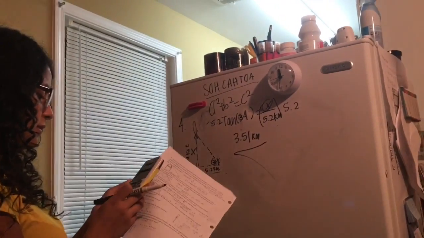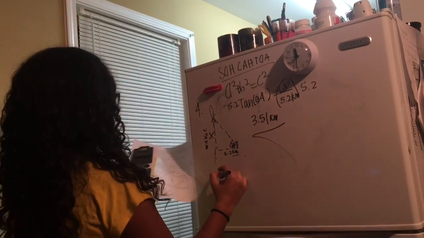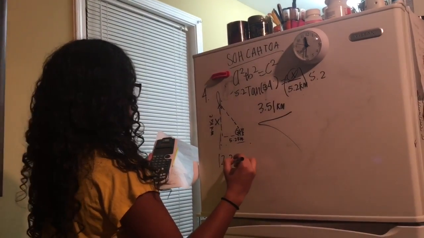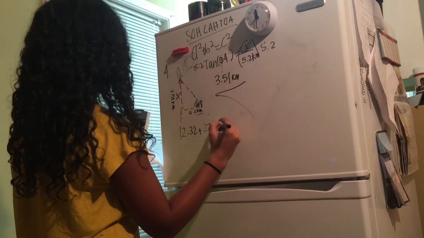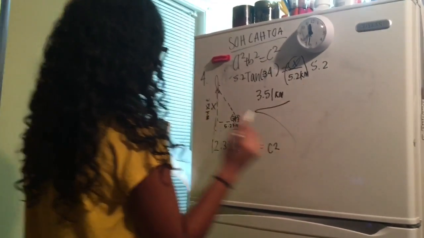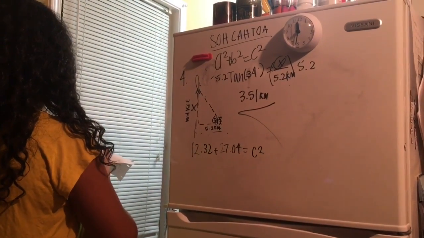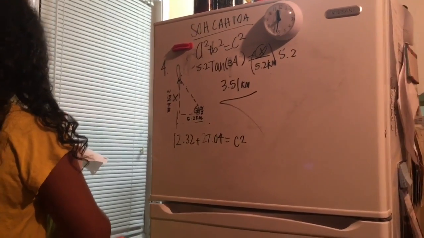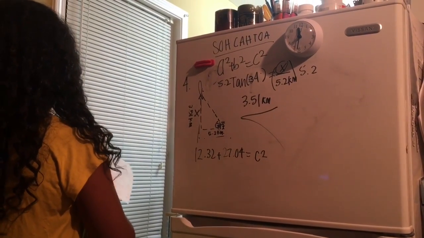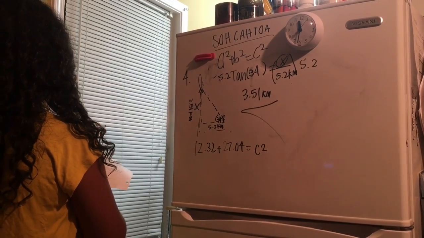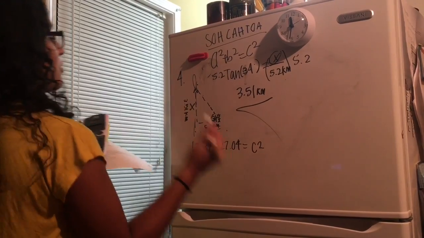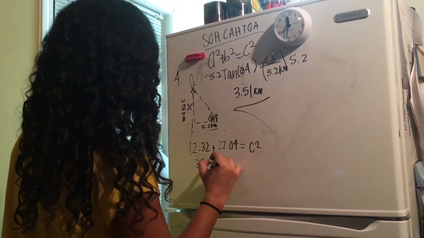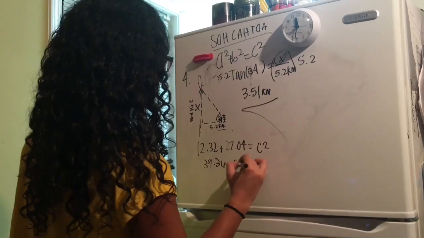3.51 squared is equal to 12.32, plus 5.2 squared, which is equal to 27.04, equals c squared. When you add these together, you get 39.36 equals c squared.